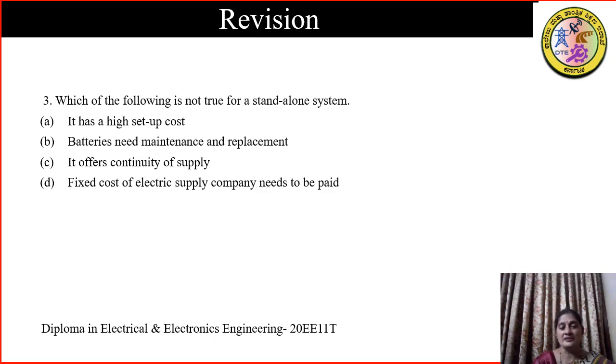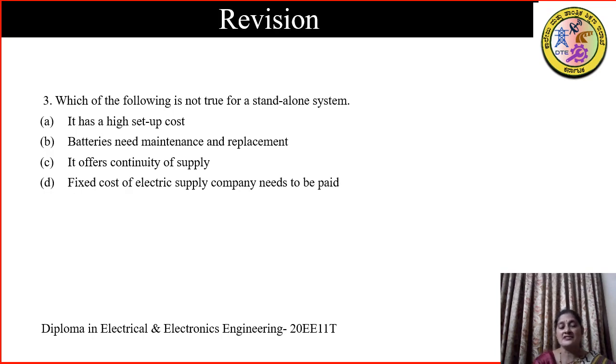The third question, please read carefully. Which of the following is not true for a stand-alone system? First one, it has a high setup cost. Second, batteries need maintenance and replacement. Third one, it offers continuity of supply.